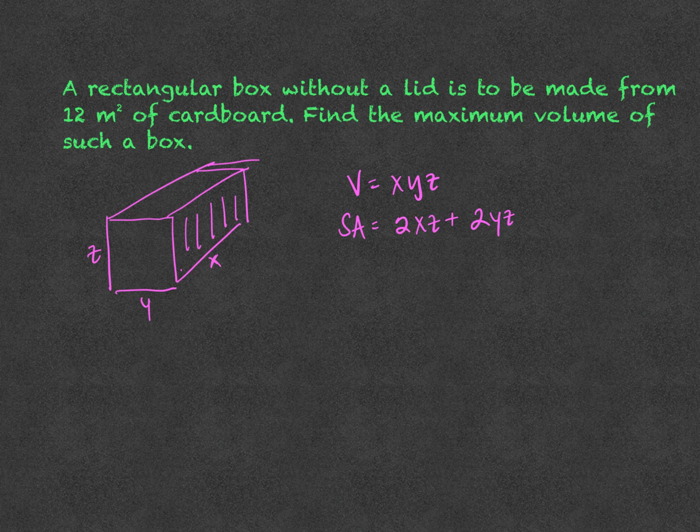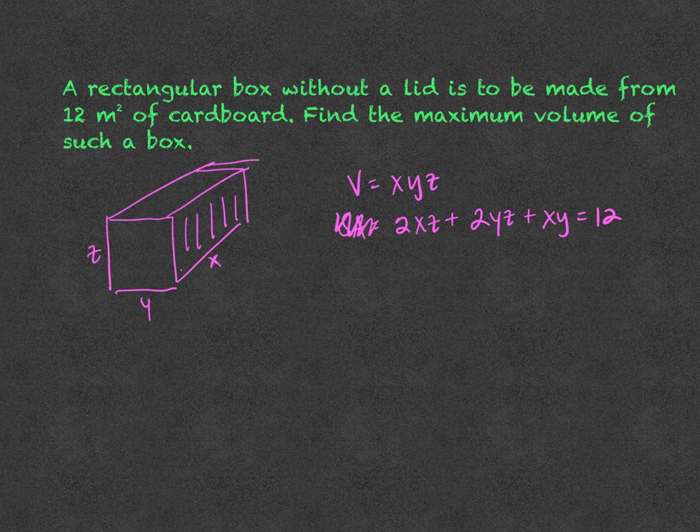It's the front and the back, that's why it's 2, plus xy. There's only one of those because there's no lid. So the base is xy, but there's no lid, so it's just one of those. And we know that this value has to equal 12. So we could leave the surface area part off of the formula. That would be important, but that's how we got it, because we're looking at the surface area.